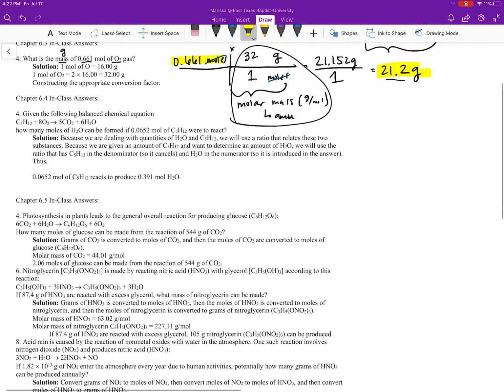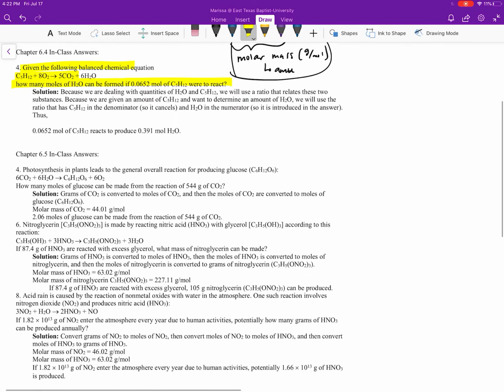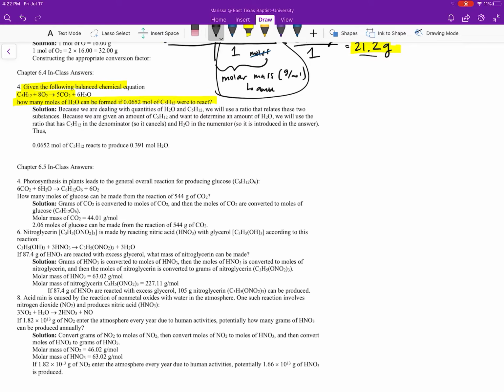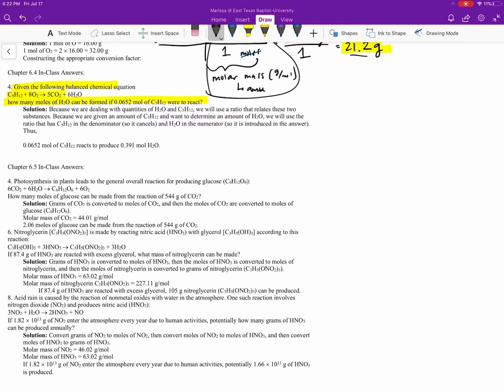So let's practice another stoichiometry problem. We're going to practice this one right here, and then you'll have a bunch of 3 to practice with. So this is given the following balanced chemical equation. It's a combustion reaction. How many moles of water can be formed if this many moles of pentane are reacting? So when I solve these problems, I like to set up where I'm starting and where I'm going to.